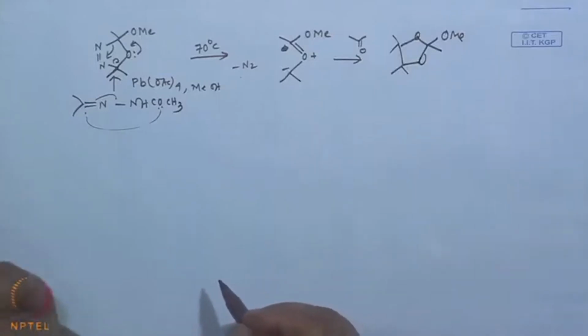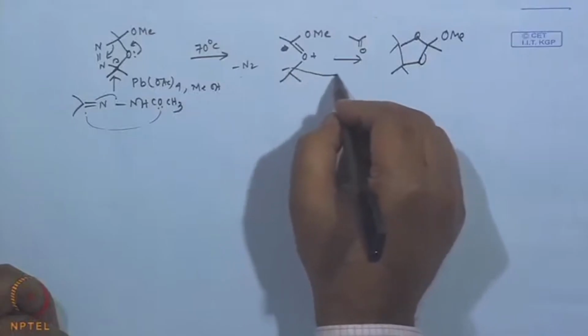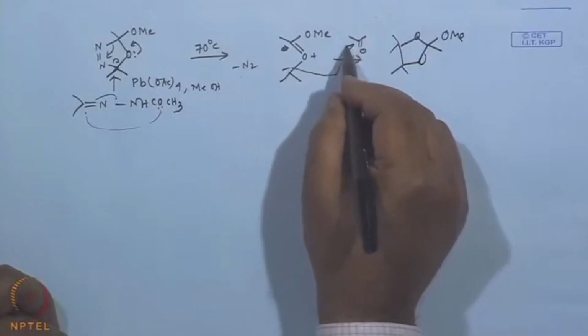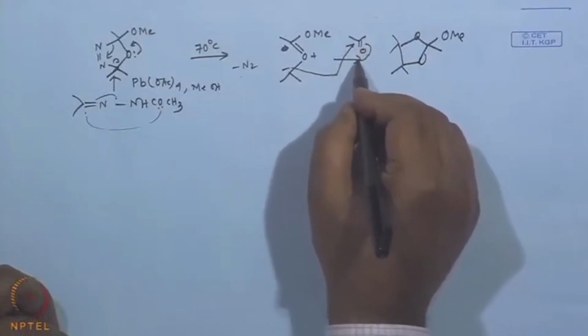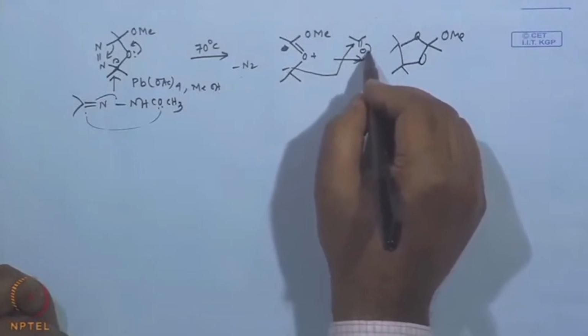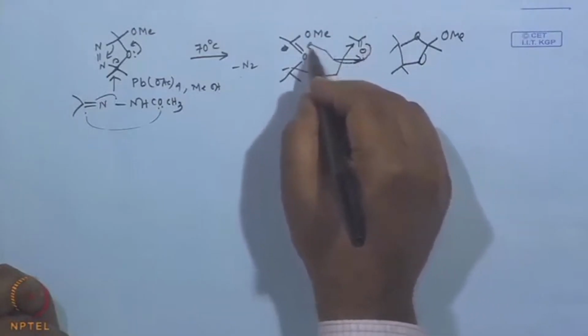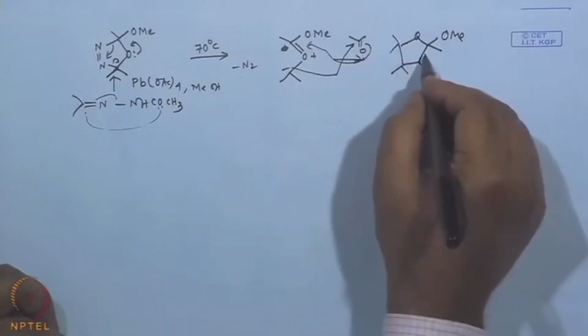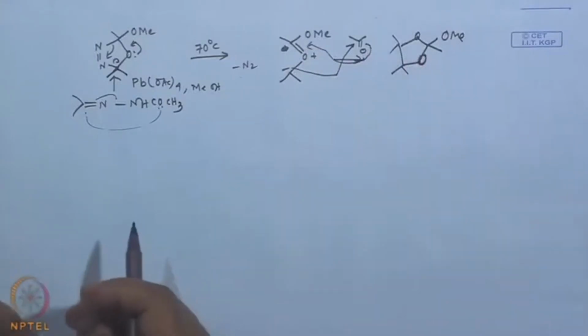So, in other words, this negative charge goes to the carbon and then the oxygen attacks this carbon here. So, eventually you get 1,3-dioxolanes.